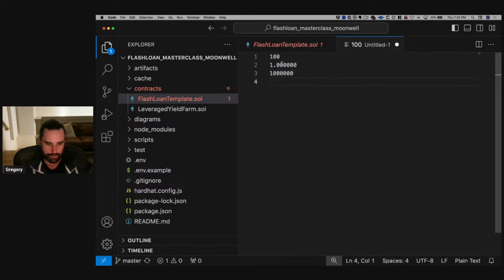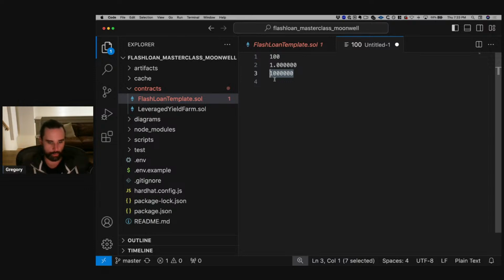Whenever we're dealing with money on the blockchain, especially at the smart contract level, smart contracts don't use decimals. So if we're going to transfer cryptocurrency to the smart contract, take out a flash loan, whatever, we have to express the cryptocurrency amount in its smallest form.